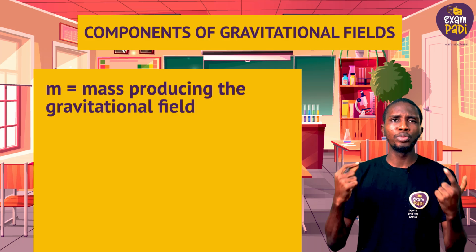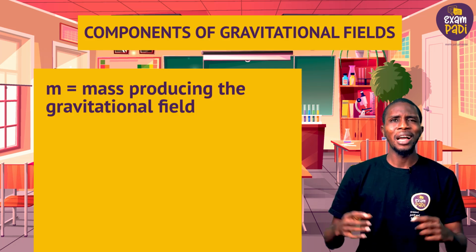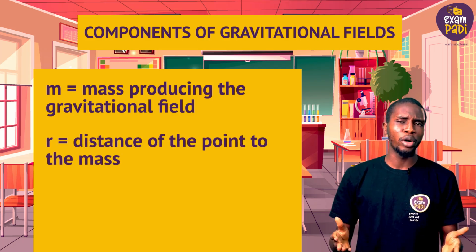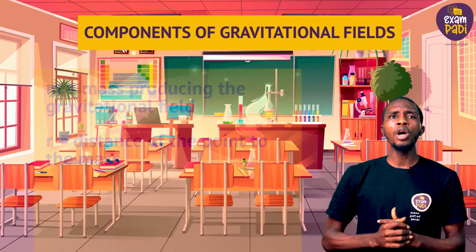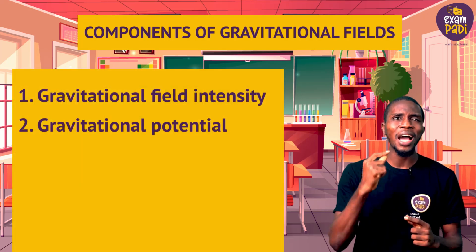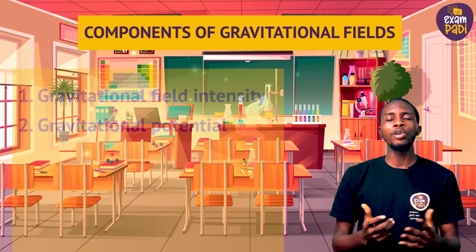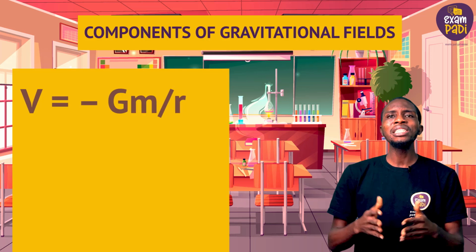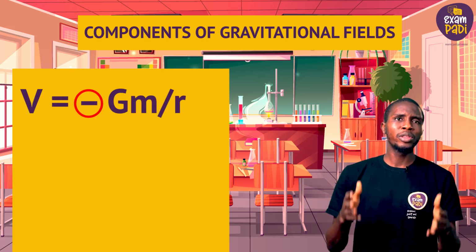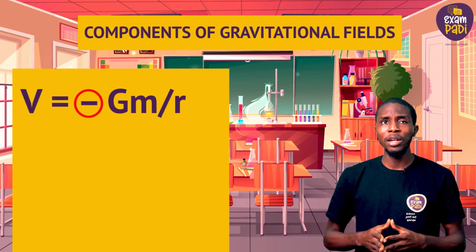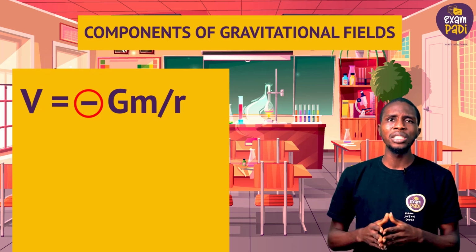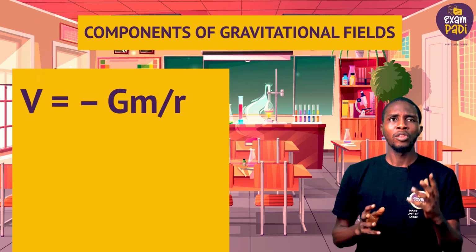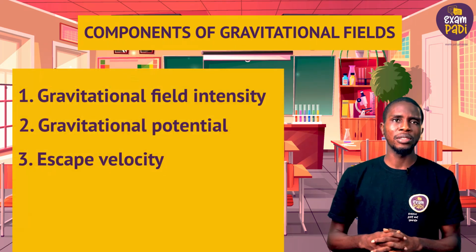M is the mass producing the gravitational field, and r is the distance of the point to the mass. The gravitational potential decreases as r increases and becomes 0 when r is infinitely large. The negative sign indicates that the potential at infinity, that is 0, is higher than the potential close to the mass.